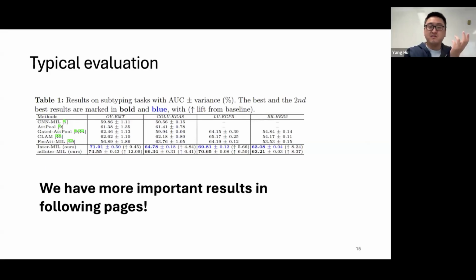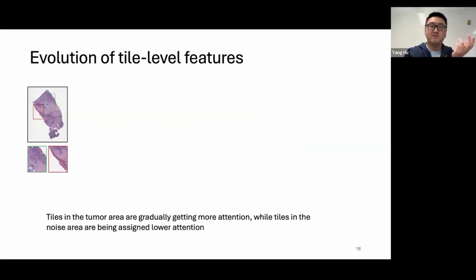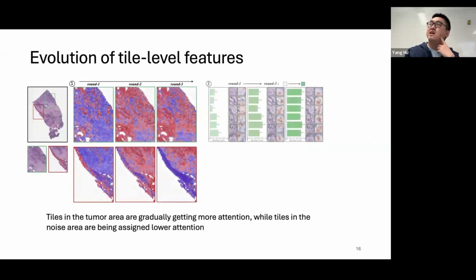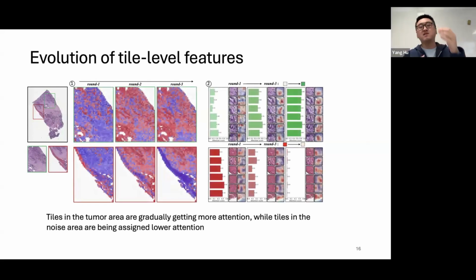But that's not the most important result. I have more interesting results to show here. With each round of interaction, we can see the attention map moving from noisy areas to more biologically meaningful areas, and those tiles with significant biological meaning generally get more attention after each round of optimization.